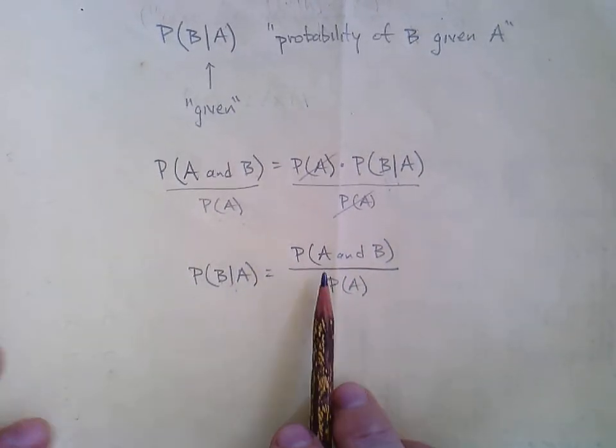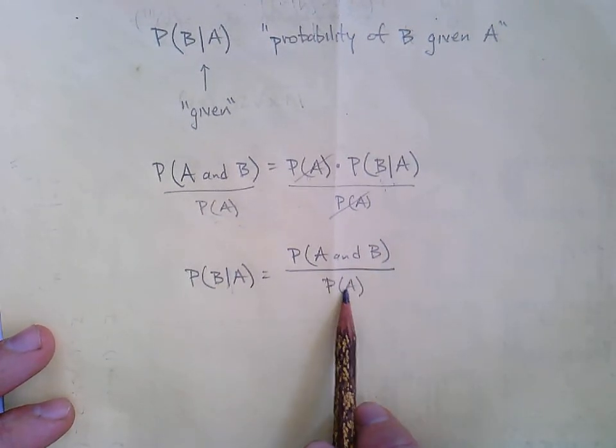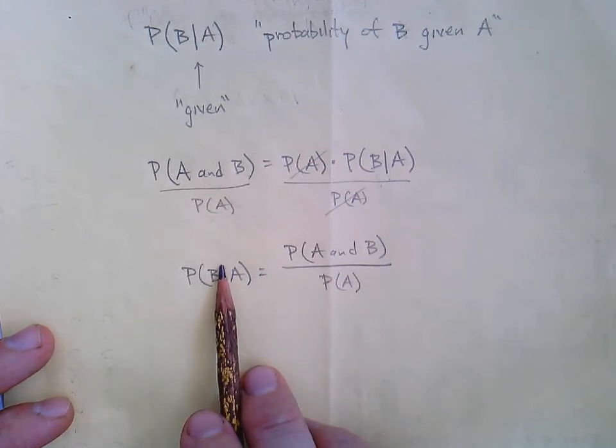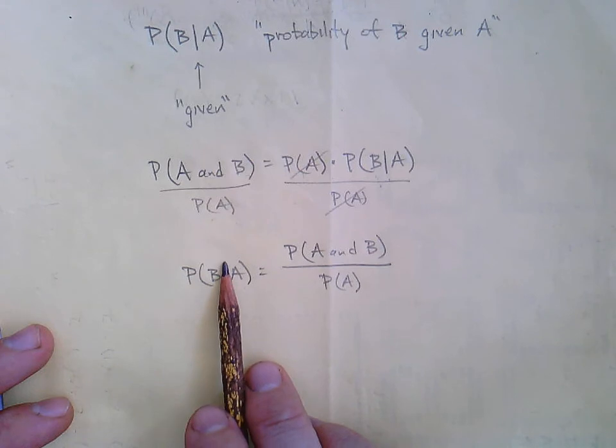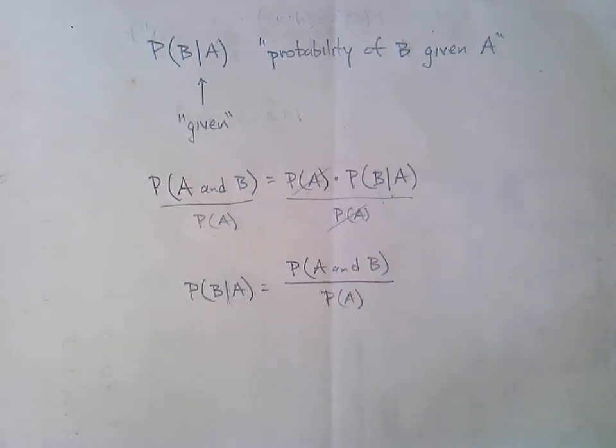Sometimes people get confused: maybe I remember A and B goes on top, but I forget that it's the probability of A down here. How do I not mix that up? Because there's the division symbol again. It's like you're dividing by A, divided by probability A.